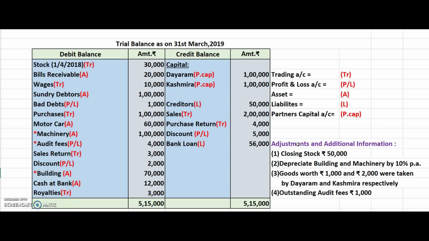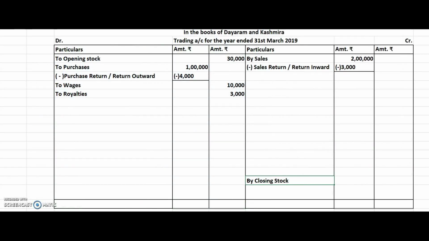So the first adjustment says closing stock 50,000. Now what does closing stock mean? The goods that are remaining in the godown at the end of the year, that is called closing stock. So because opening stock comes in the trading account, closing stock appears in the trading account but on the credit side.